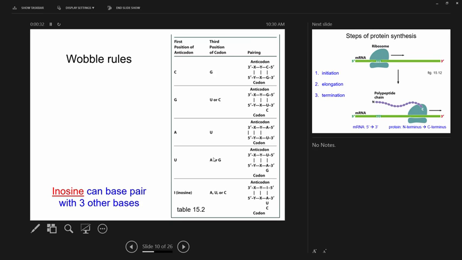And so by wobbling, the cell is able to accommodate the fact that there are 61 codons that code for something without having to have 61 transfer RNAs sitting around the cell while translation is actively going on. That is energetically very expensive. All right. Yes?